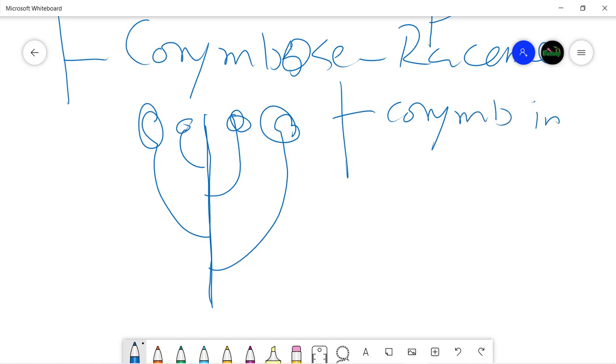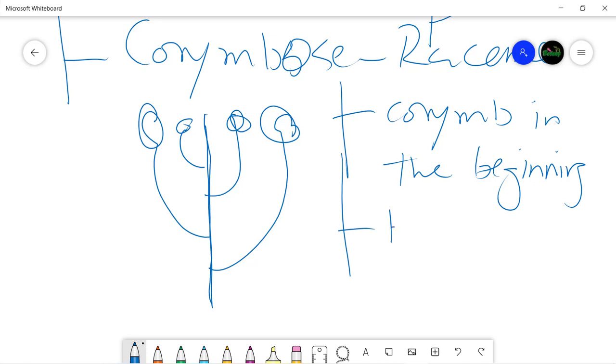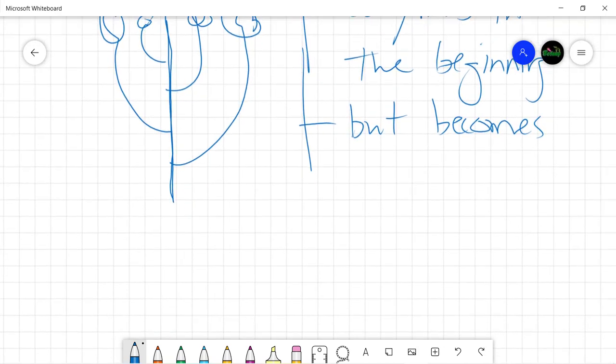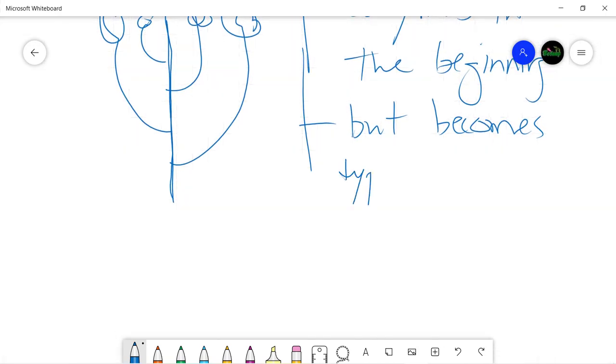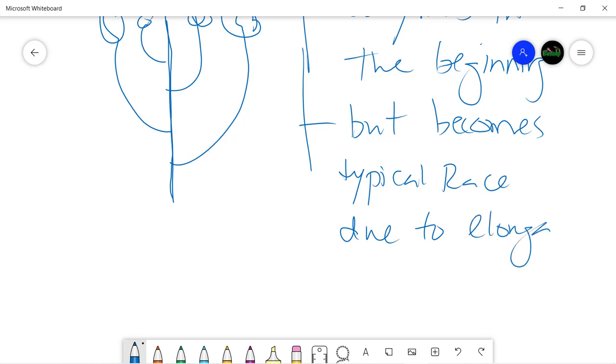corymb in the beginning, but becomes typical raceme due to elongation of the peduncle.